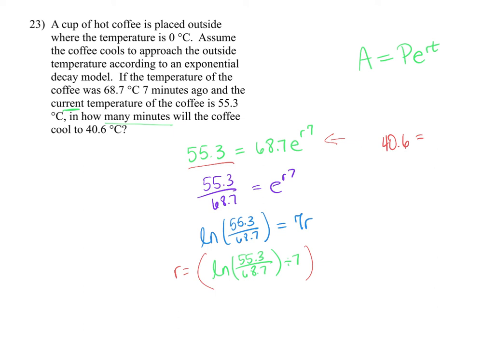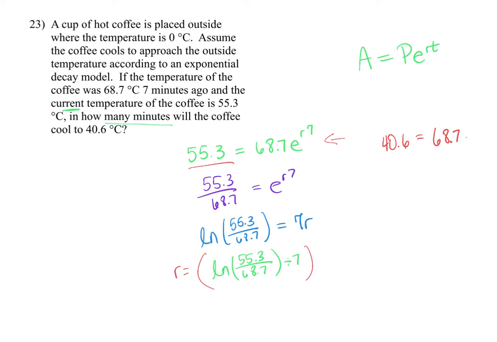They want to know how many minutes from now, right? So just so I keep the same formula, I use where it started 7 minutes ago, and when I find this, I'm going to subtract 7 minutes from it. Does that make sense? Or you can plug in what it is now, 55.3, and it's the same cooling rate because you're just starting at a different temperature. But keep in mind that you solved for 7 minutes ago. Does that make sense?